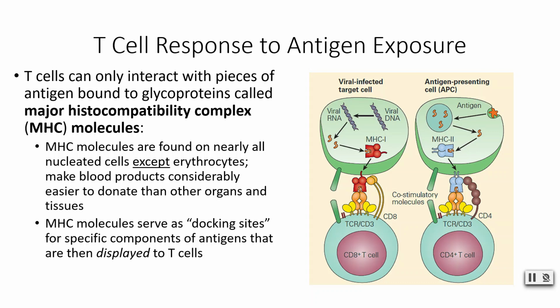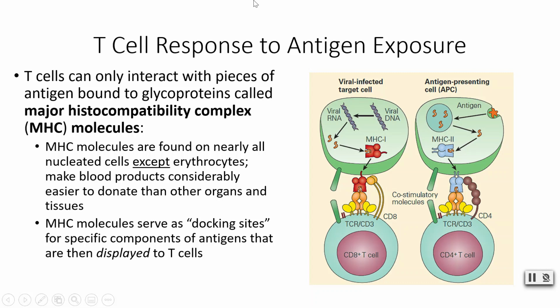Now, the MHC molecules are really docking sites for antigens to put on display. So we've talked about antigen presenting cells, and these APCs will quote unquote present an antigen to the rest of your immune system. The MHCs are where we are presenting the antigens.